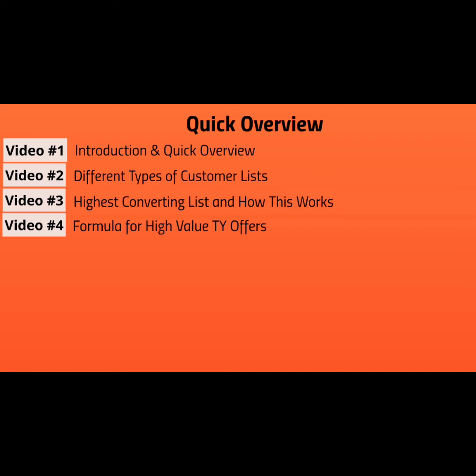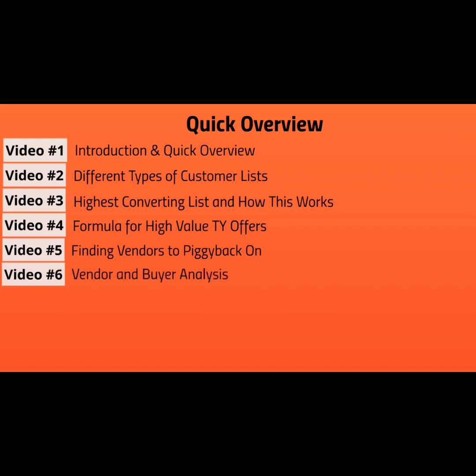And of course, video number 4, we're going to talk about the formula for the high value thank you offers, which fits into the overall formula. And video number 5, we're going to talk about finding vendors to piggyback on. Video number 6, we're going to talk about vendor and buyer analysis. Number 7, we're going to talk about creating quality thank you offers.